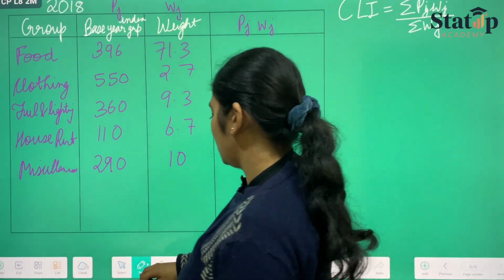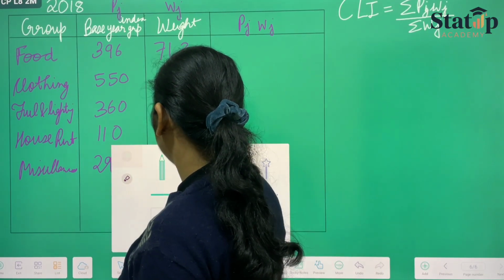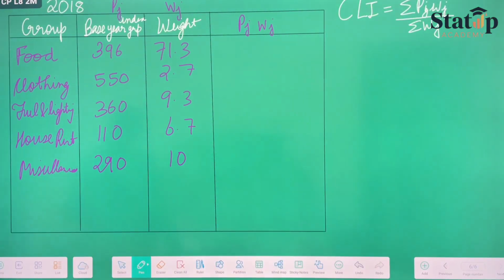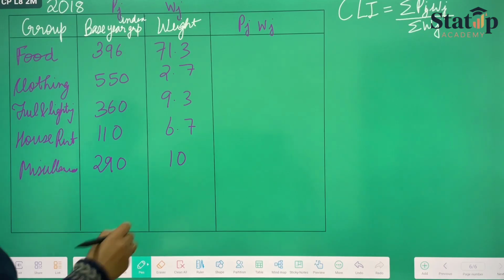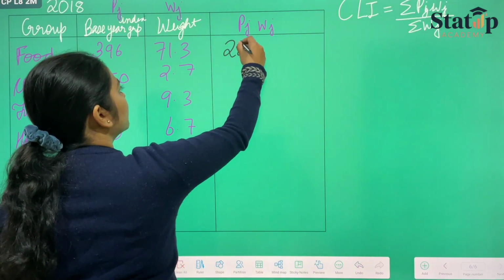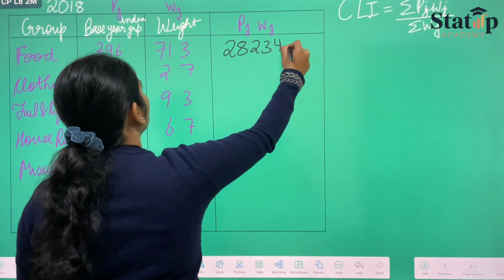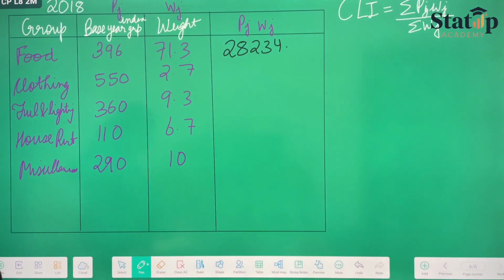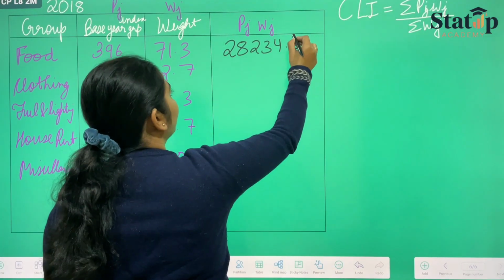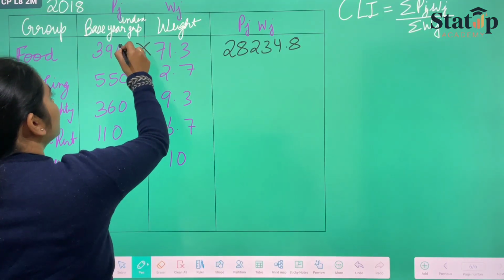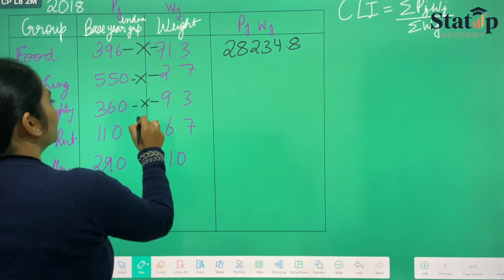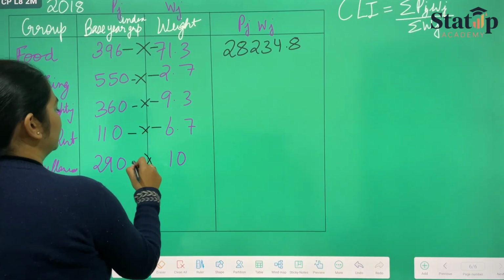If we multiply, we get 39.6, 28,234.8. We multiply these two, then these two, and these two and these two.